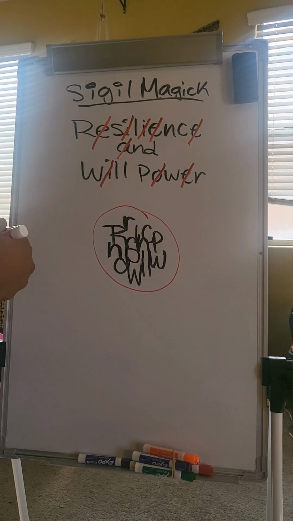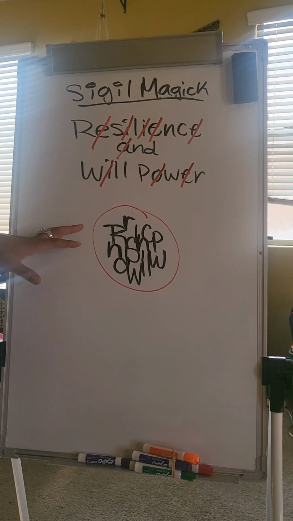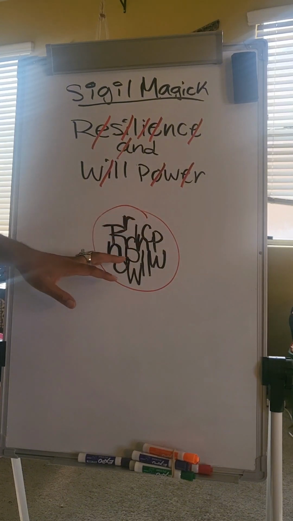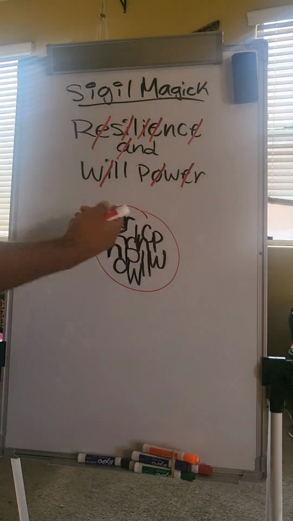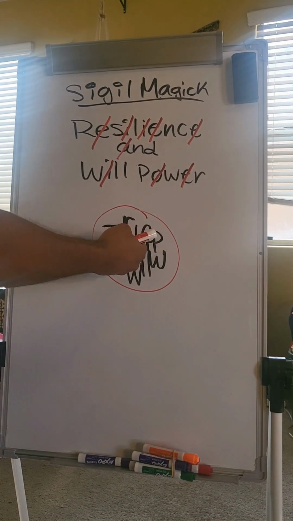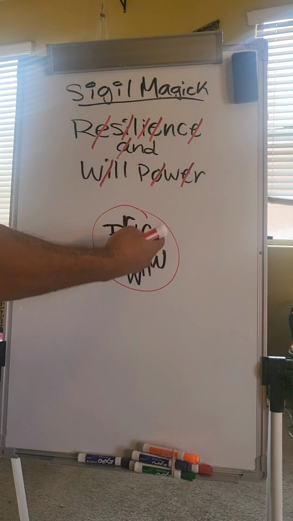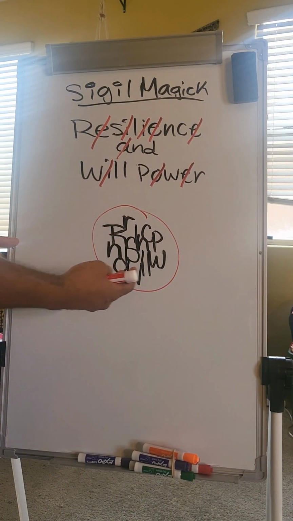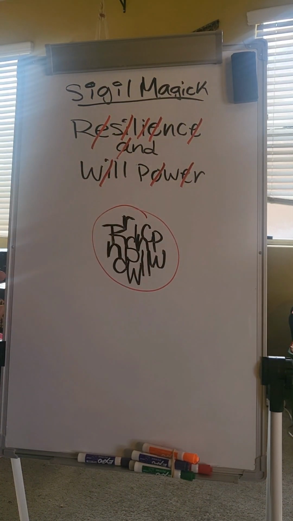So now you have the option of whether you want to create a symbol to go with the rest of these letters, or if you just want to use the symbol itself. So say you decided to add on, right? You decide to add a symbol on to this to go with these remaining letters that you're going to use as a sigil to program within your subconscious.